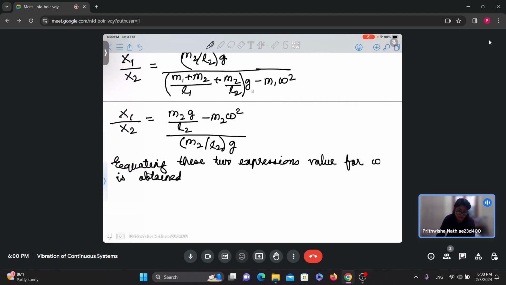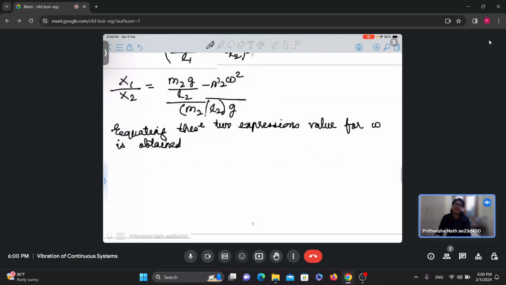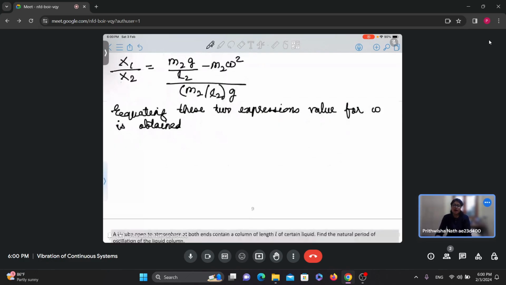Now suppose the masses m1 and m2 are equal, so in that case what is the situation? And L1, L2 is also equal, that is equal to some value L. So what is the value for omega that we get? So let us compute that.